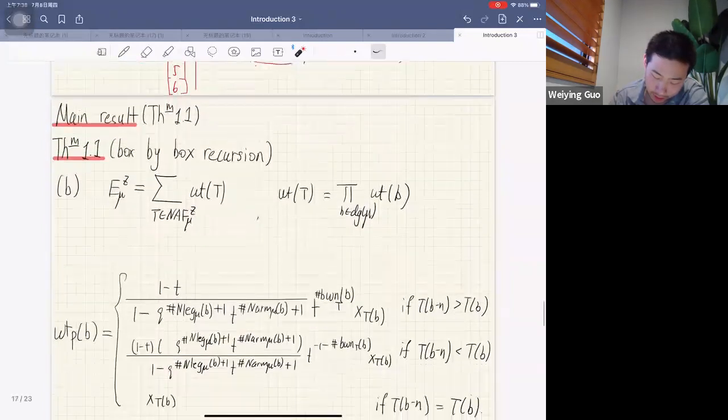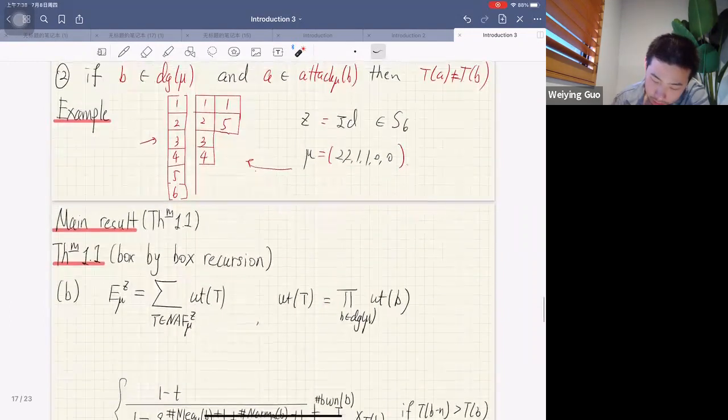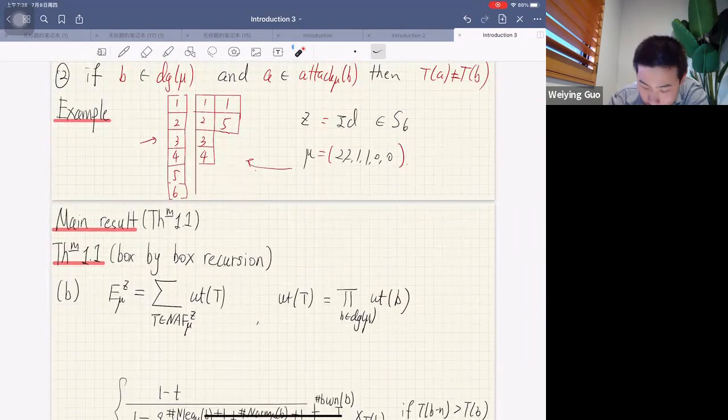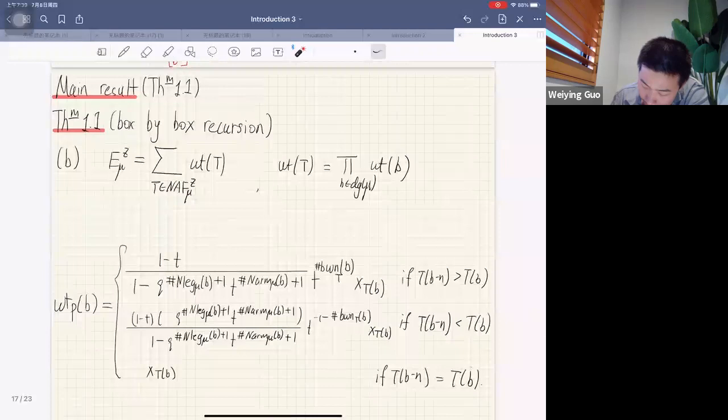No? Okay. So if not, let's look a little bit at how we define our weights in terms of our results. The weight is a product over some boxes in the diagram. Remember that the diagram of mu, for mu equals 2, 1, 1, 0, 0, looks like this. And we take the product over some weights of the boxes. The weights separate into 3 cases this time.